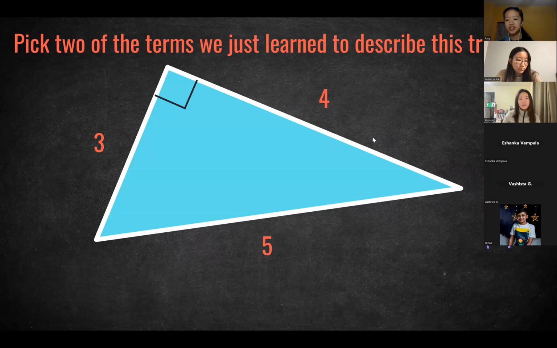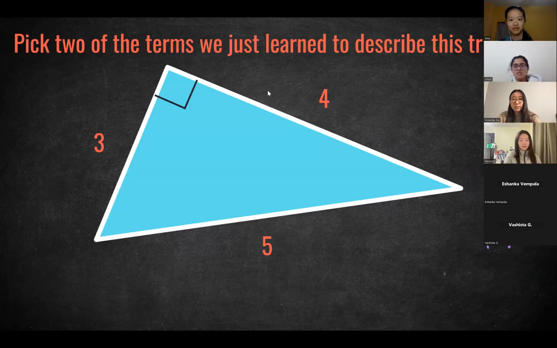Okay, Ishani, you want to go over this? Yeah. So pick 2 of the terms we learned to describe this triangle. So okay, we can categorize it by the side lengths, and we can categorize it by the angle measure, right? So look at the angles.